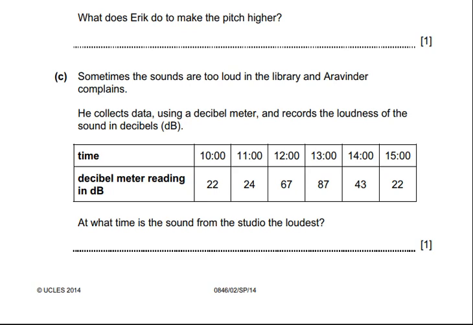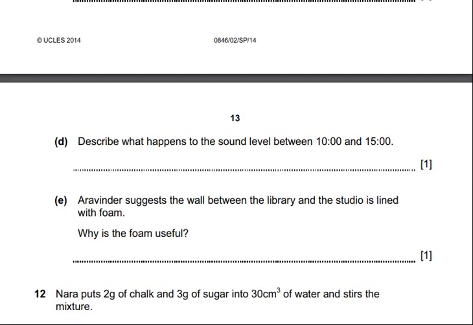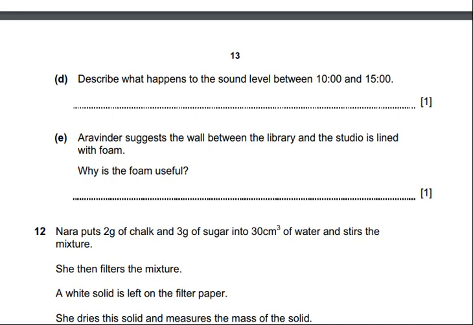At what time is the sound from the studio the loudest? What time is the loudest? So loudest means the highest number: 22, 24, 67, 87, 43, 22. So the highest number is 87. So this means that at 13, you just write down 13 here. 1300.